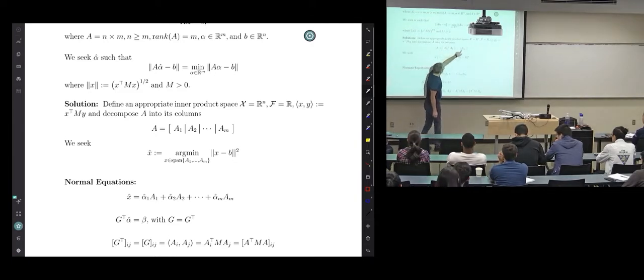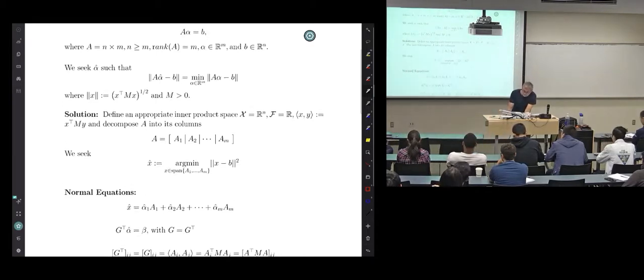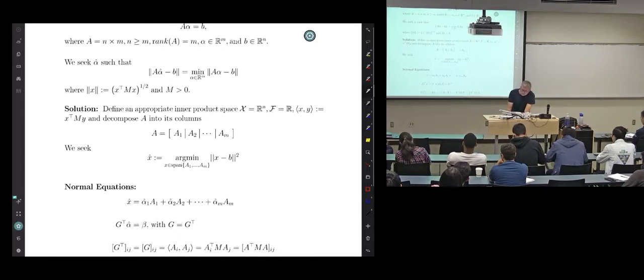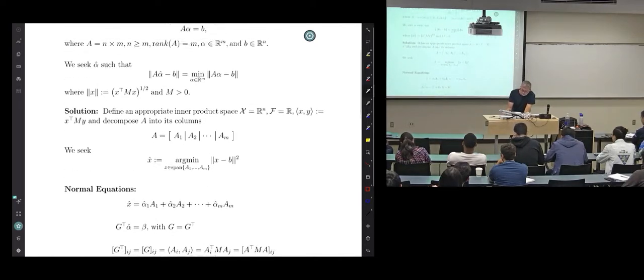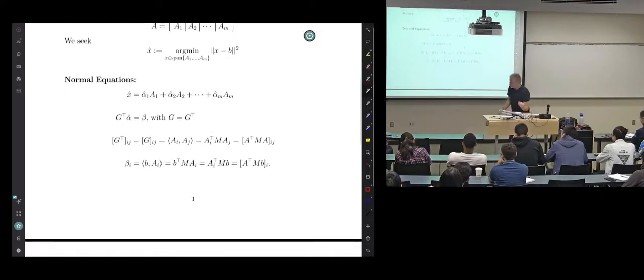As before, we break A up into its columns, and what we're really trying to solve is to find the best X in the column span of A that approximates B, because A times alpha is just a linear combination of the columns of A. So we use the normal equations.